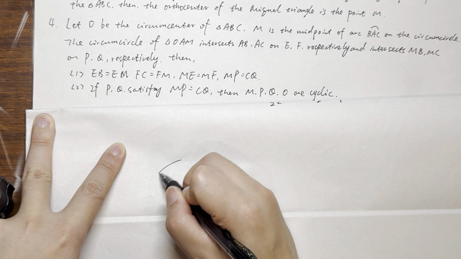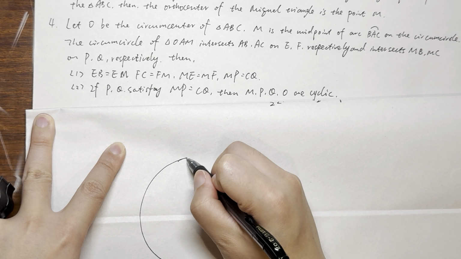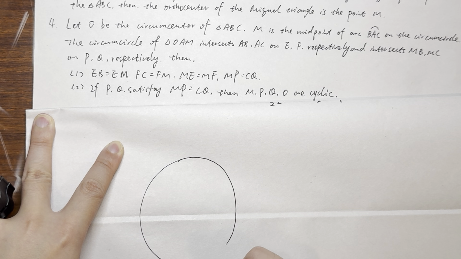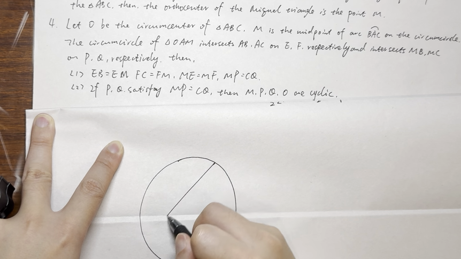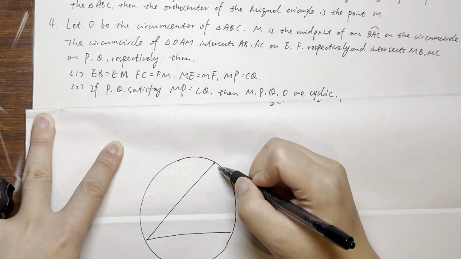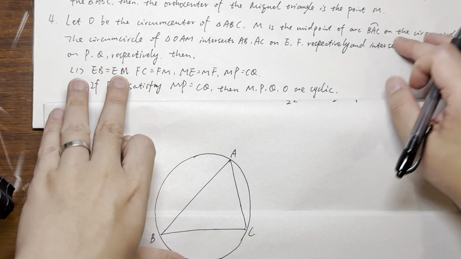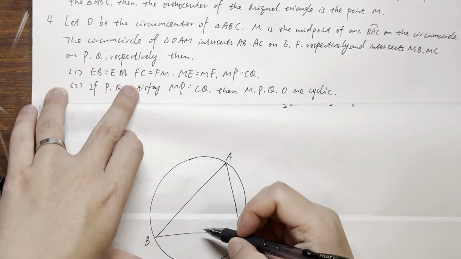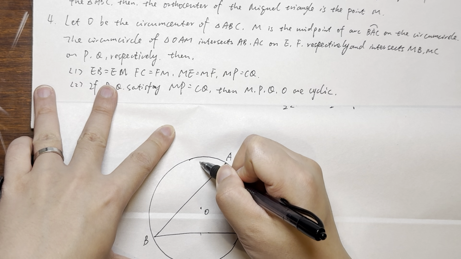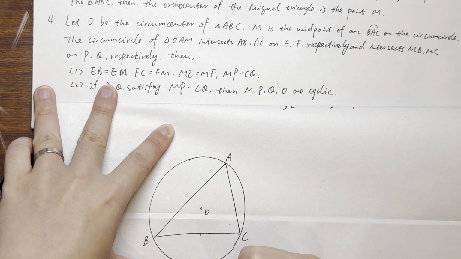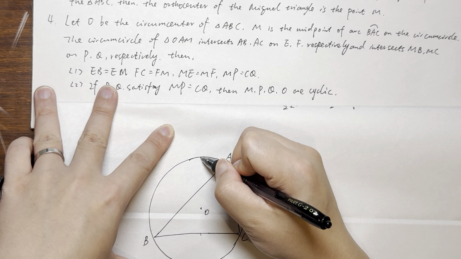So we have triangle ABC here, and we know that M is a midpoint of arc BAC. We have the circumcenter O here, then M must be on the perpendicular bisector of BC, right? So M is here.